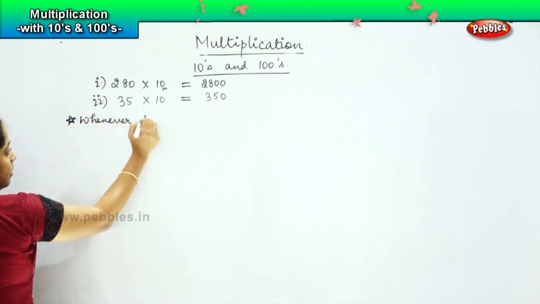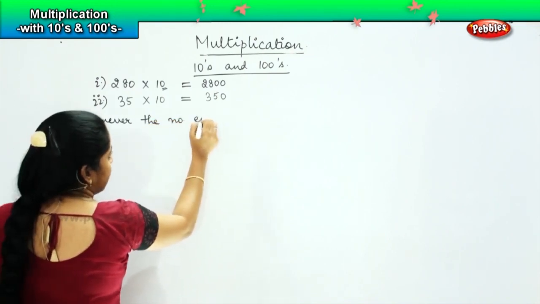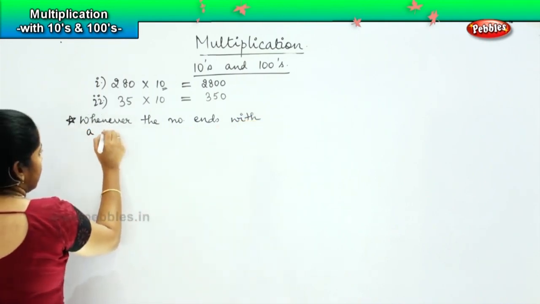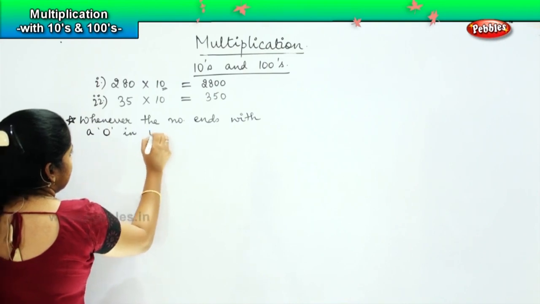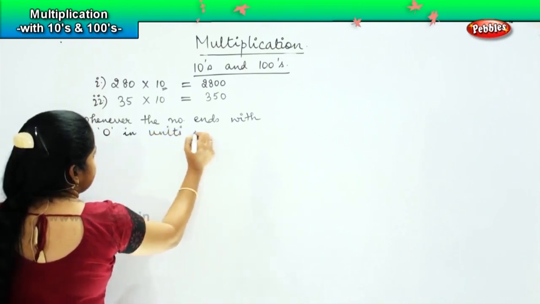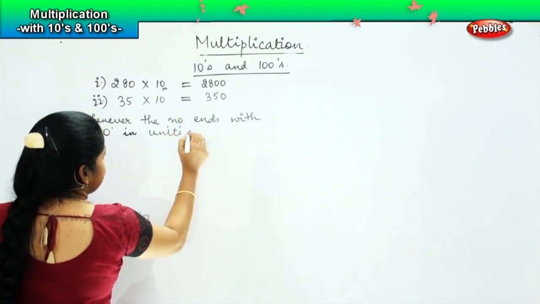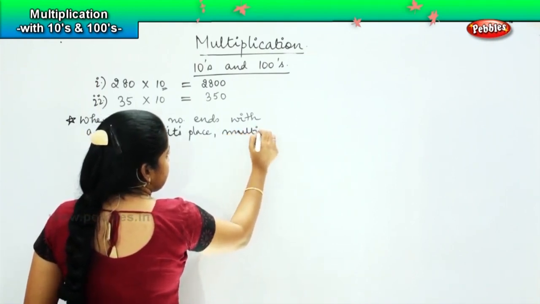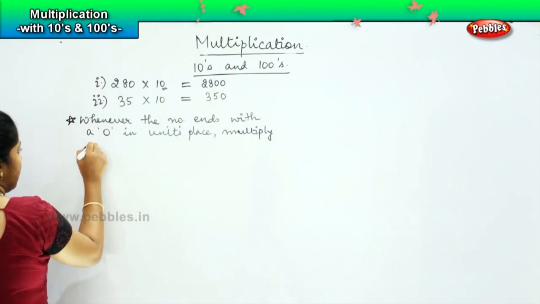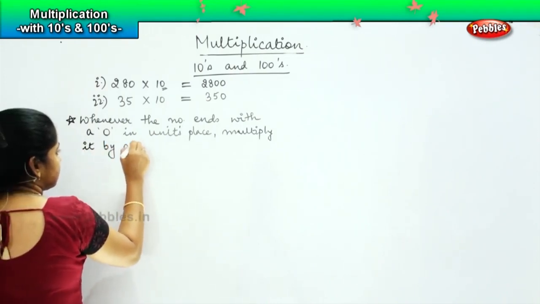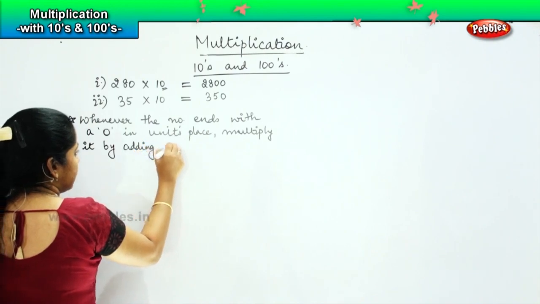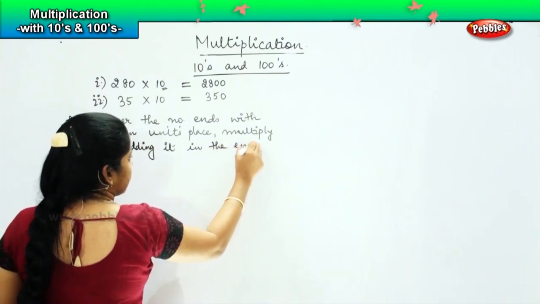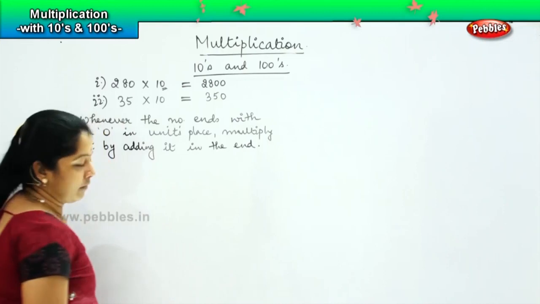So, what is the rule here? We can say that whenever the number ends with a 0 in units place, multiply it by adding it in the end. Okay.